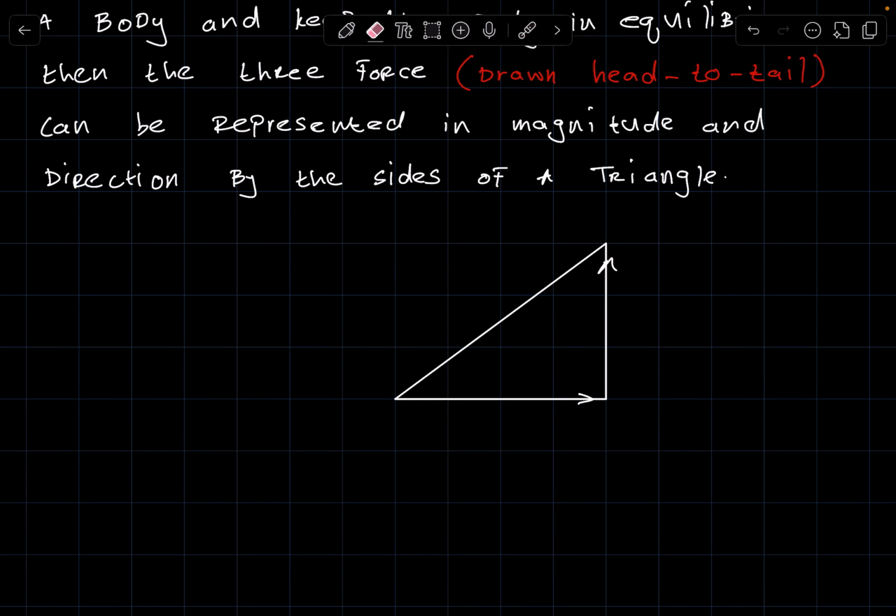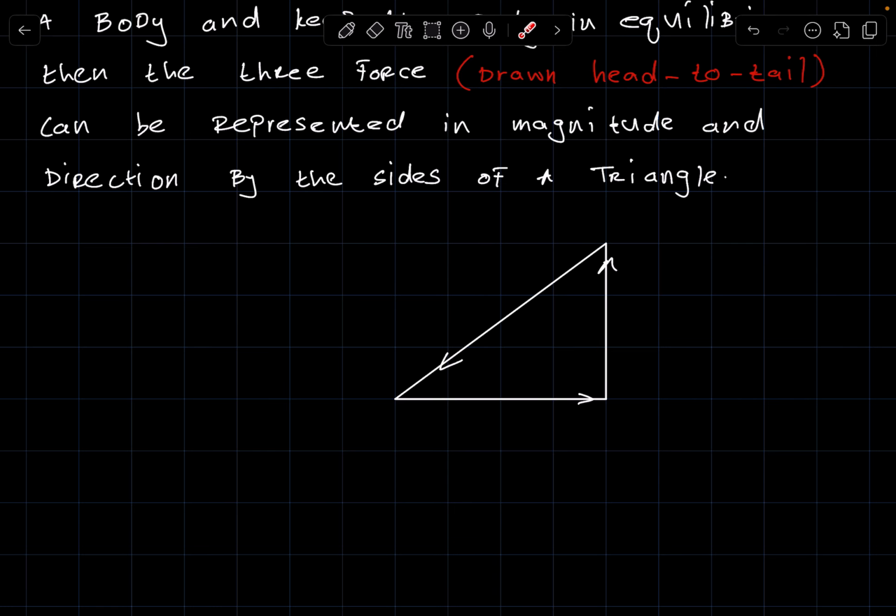You have three forces acting on a body, and those three forces are keeping the body in equilibrium. Let's consider these three forces. If one is going in this direction, and the other one is going in that direction, and the last one is going in that direction, head to tail essentially means that the direction of the vectors are following each other.